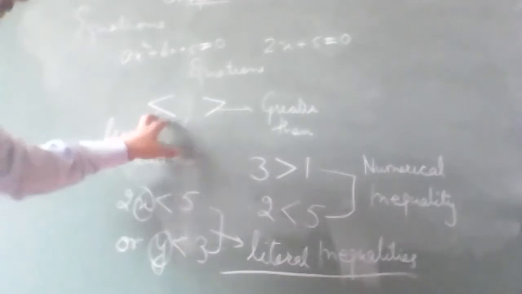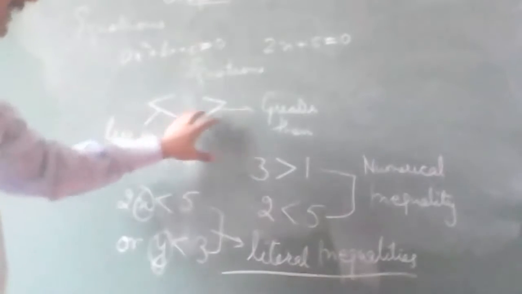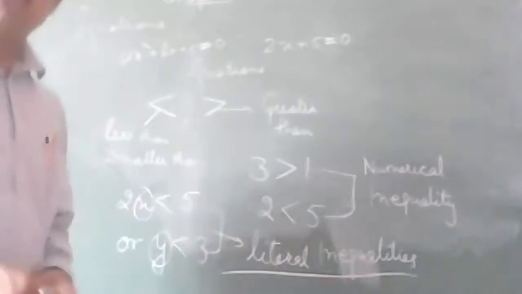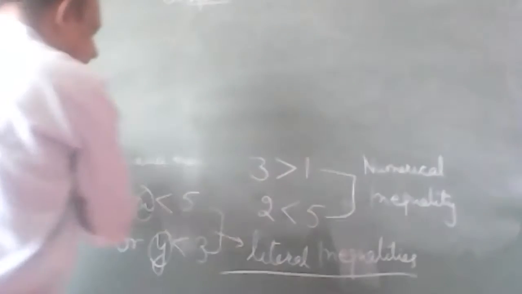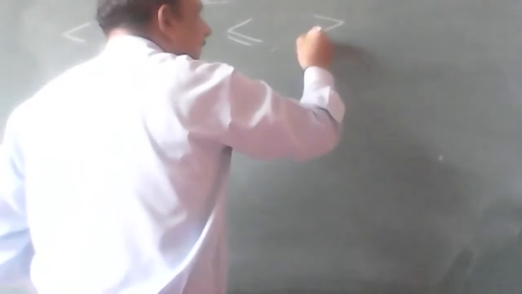Now, when we discuss these inequalities less than or greater than, here also we have difference. These are basically of 4 types. This is less than, this is greater than. We may have less than or equal to, greater than or equal to.